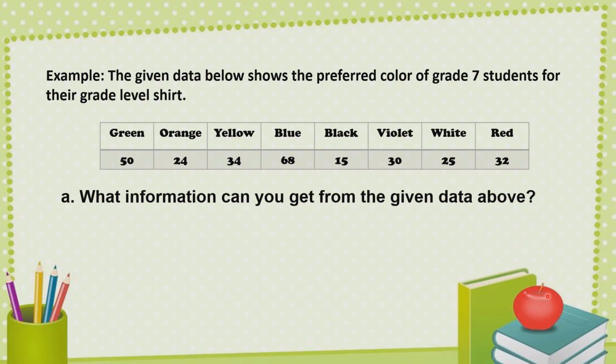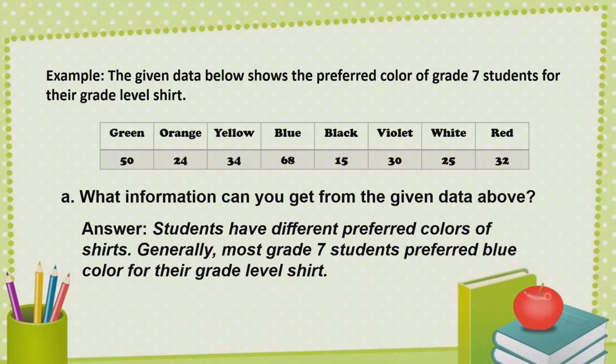What information can you get from the given data above? Students have different preferred colors of shirts. Generally, most grade 7 students preferred blue color for their grade level shirt because blue here got the highest vote.